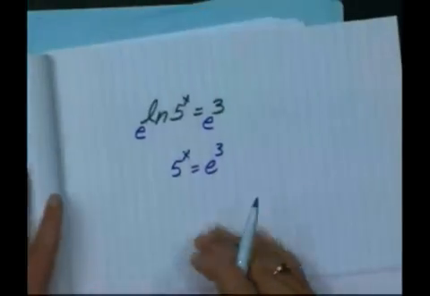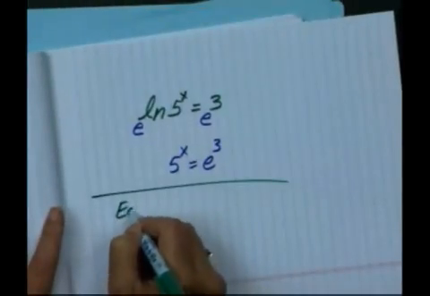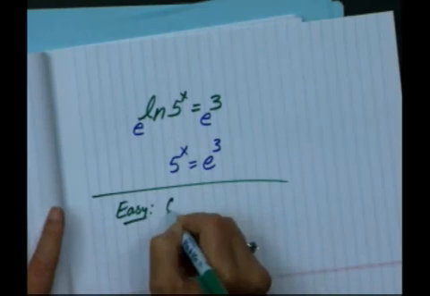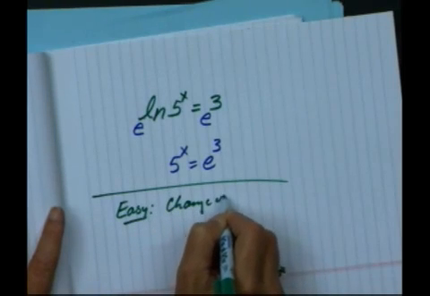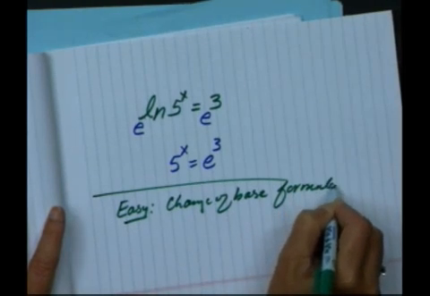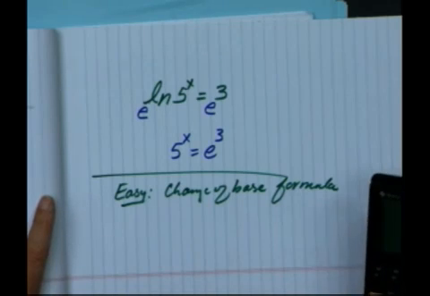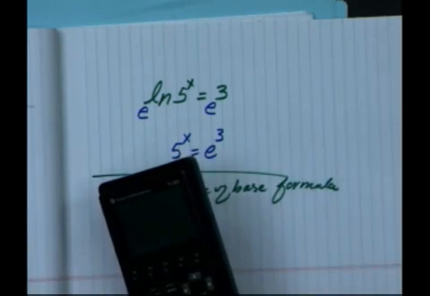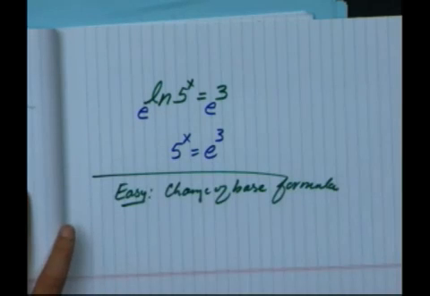Okay, so this is easy. Change of base formula. Okay, and again, the reason you're going to even use a change of base formula is because your calculator only has common logs and natural logs.